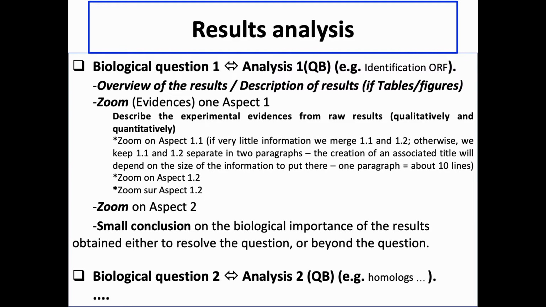So it means that to analyze your result, you should first have in mind what the biological question is, and then structure your result analysis based on the biological question, not only based on what you observe in your raw results or in the protocol. Your results analysis, once again, should be based on the biological question.